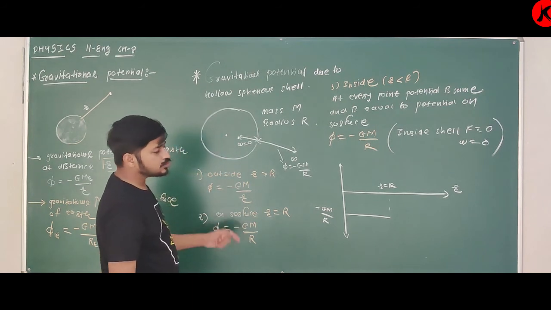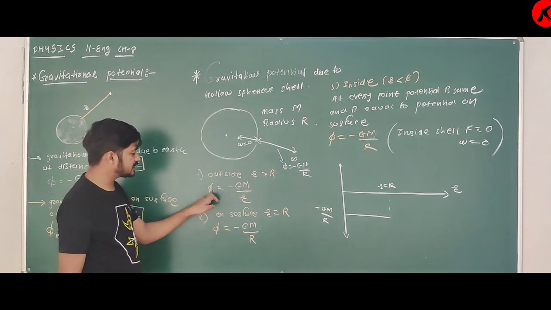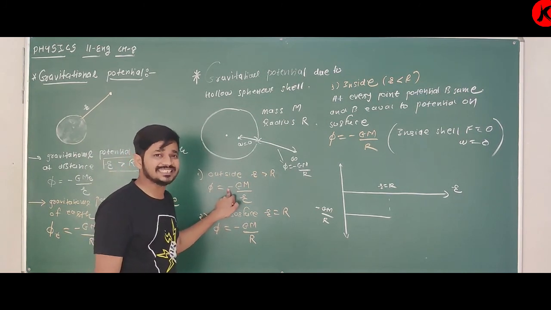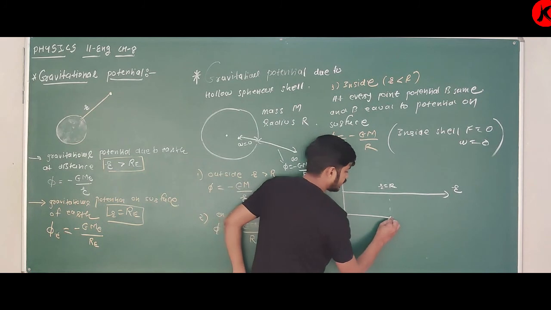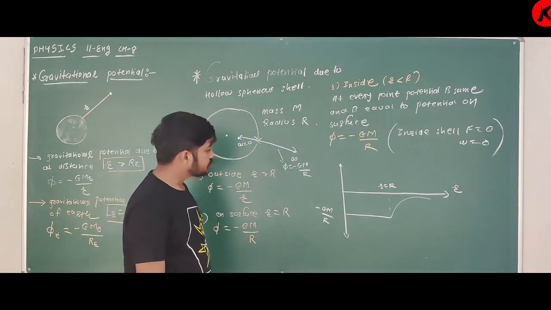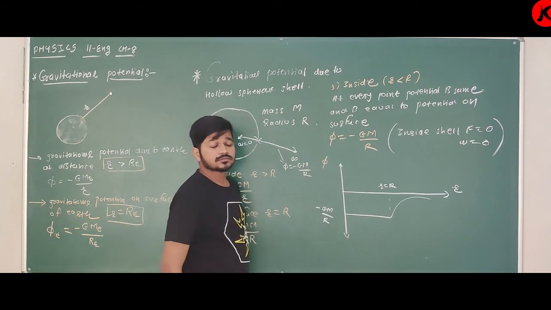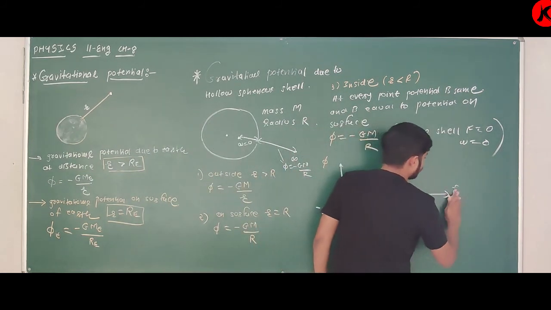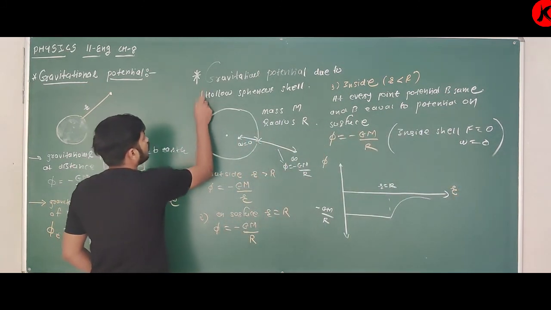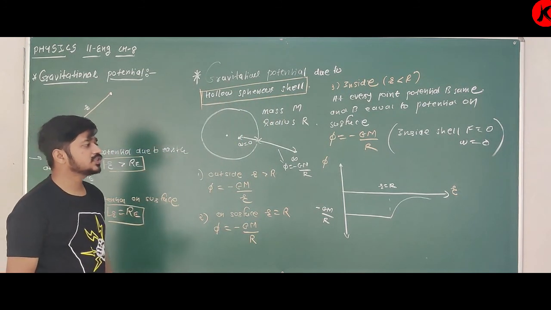Because it is negative. Then outside, as r increases, phi, which has a negative sign, increases. So it is like this. Clear? So this is the graph of gravitational potential versus distance r in case of a hollow spherical shell.